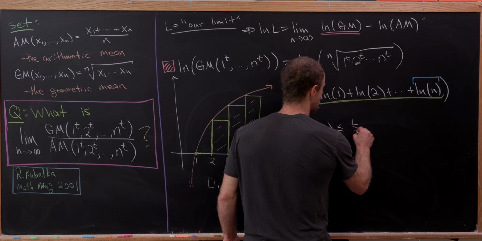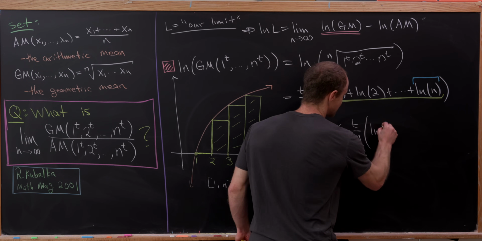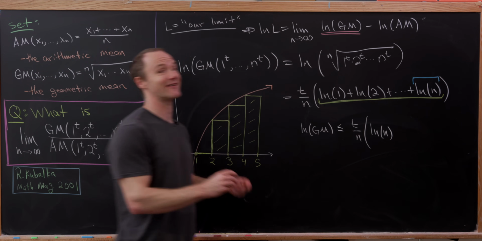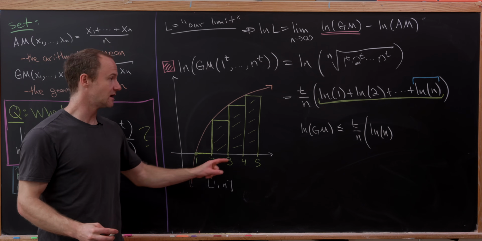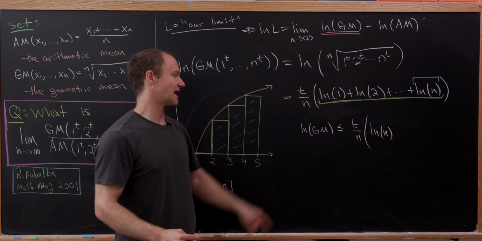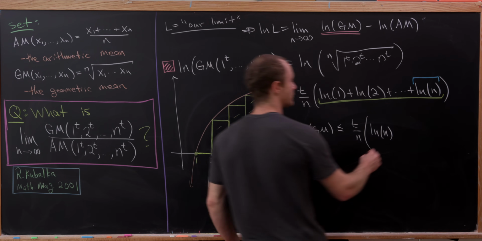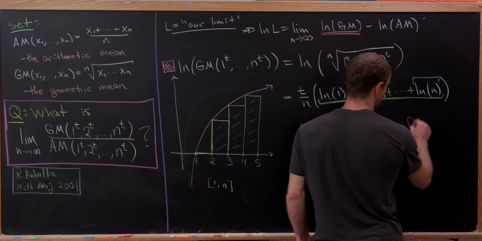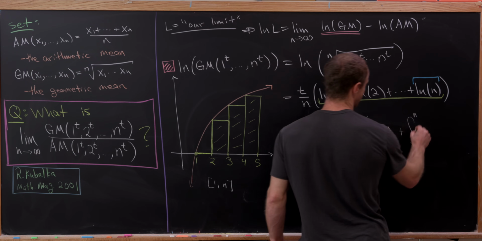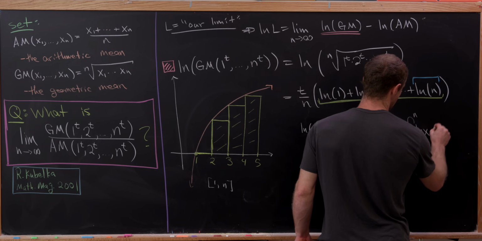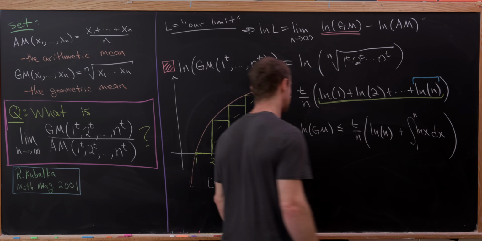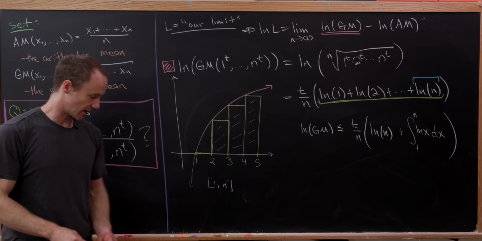So this is going to be t over n, and then we'll have this natural log of n, which we have to add on because, again, since this is an approximation by left-hand endpoints, we're missing that one. And then plus our integral from 1 to n of natural log of x dx. Okay, so that's where we are there.